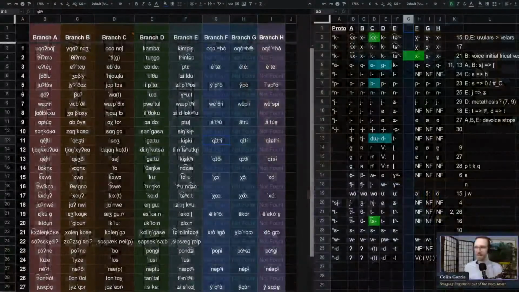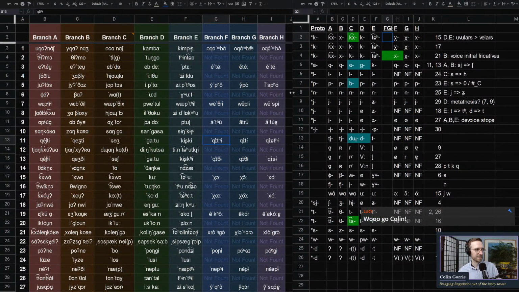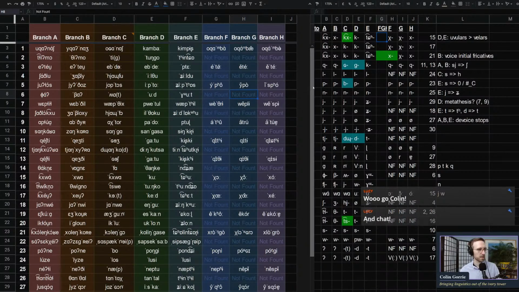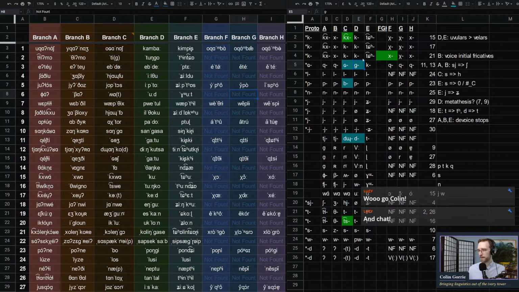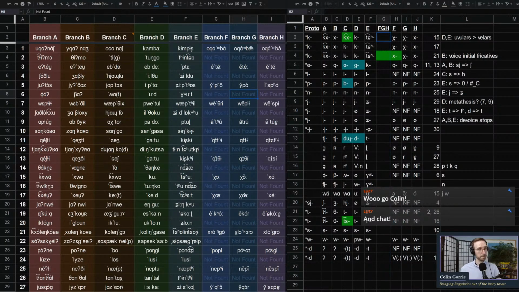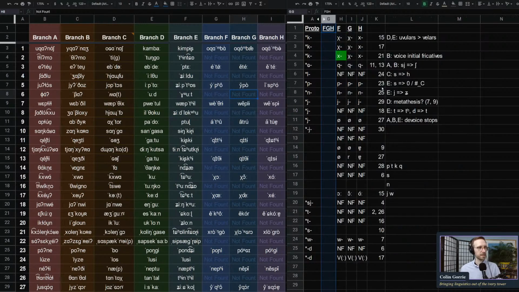Anyway, back over. So we need a new proto-FGH reconstruction here. And let's see if I can give us a bit more space. There we go. Alrighty. So FGH. So we can ignore A, B, C, D, E. Hide.